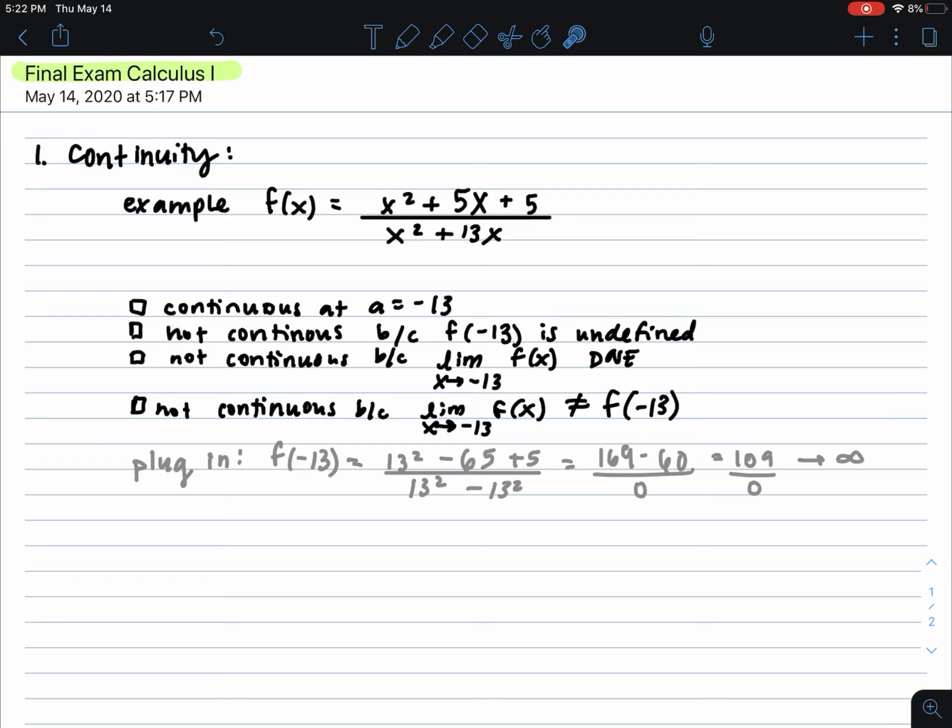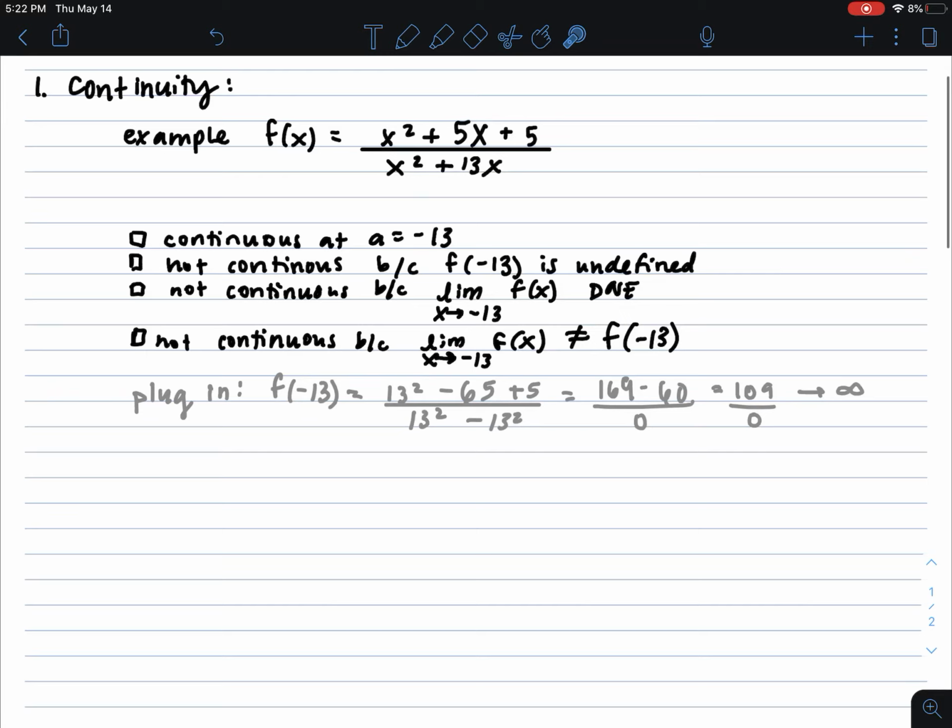And so this isn't one of those cases where we need to do L'Hopital's or any algebraic thing. We just know that this is some number over 0, which we know is infinity, and so that means that this function does not exist. Or sorry, this limit does not exist. This does not exist. That this is undefined. So we know that this guy is true.